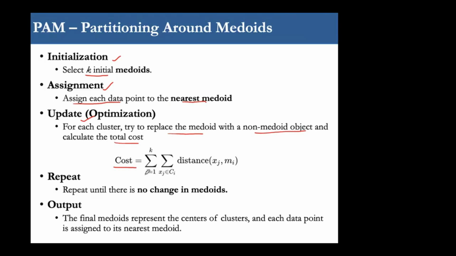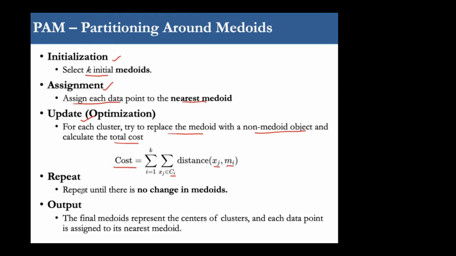Total cost is equal to the sum over i equals 1 to k, where k is the number of clusters, and over xj which belongs to Ci, of the distance from the data point xj to its center point. We need to find this for all data points, and so it is said to be the total cost.